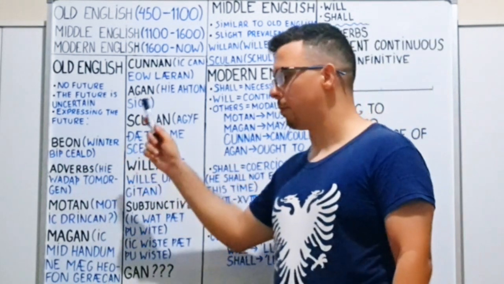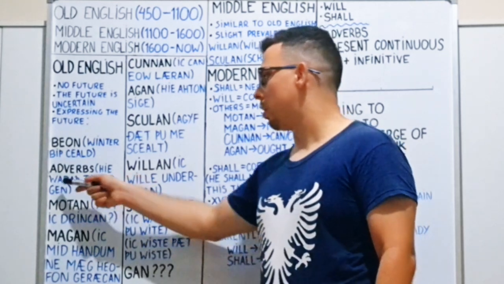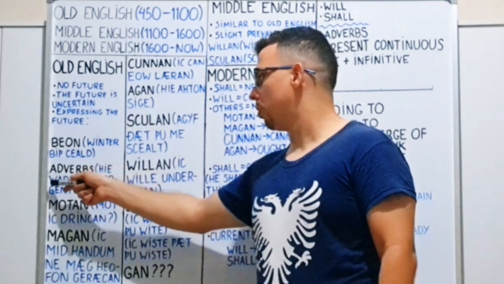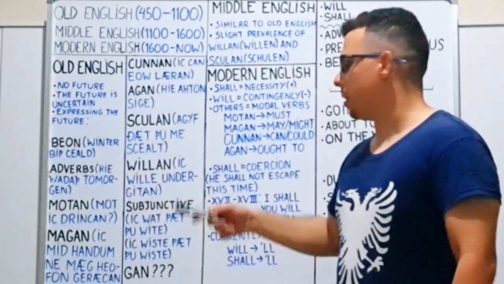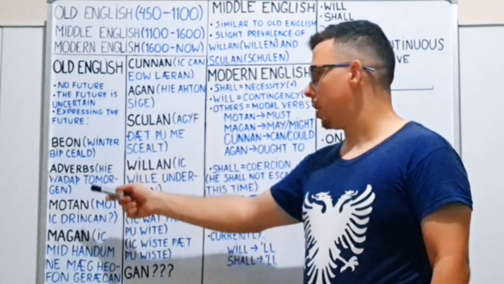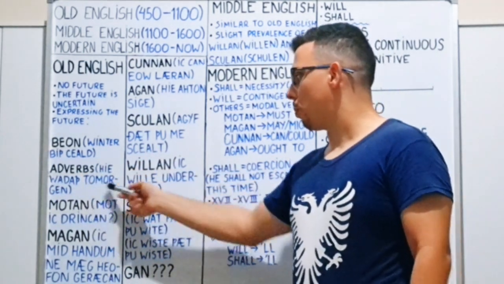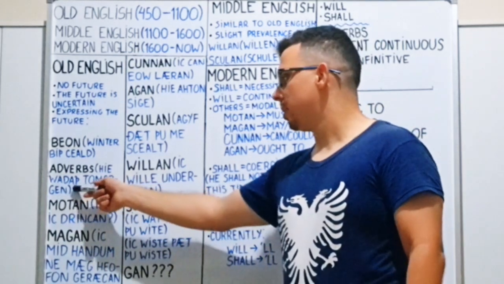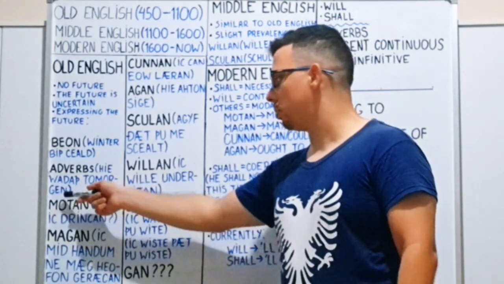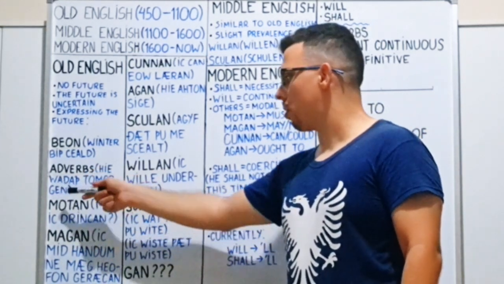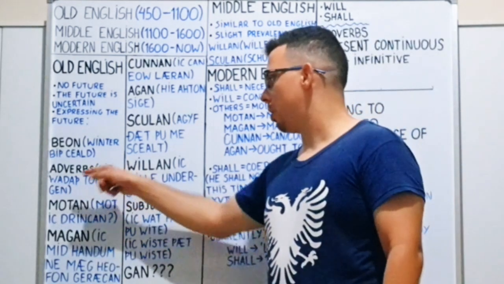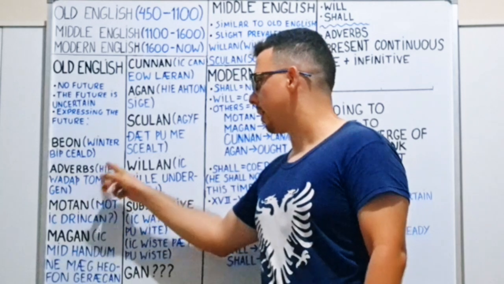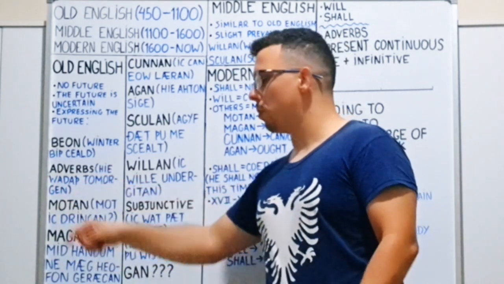A different way of referring to the future is through adverbs, very popular among languages. You just have the present tense here, wadath. They walk. And then you have the adverb, the word that tells about the time. Tomorien. Tomorrow. They walk tomorrow. Here wadat tomorien.